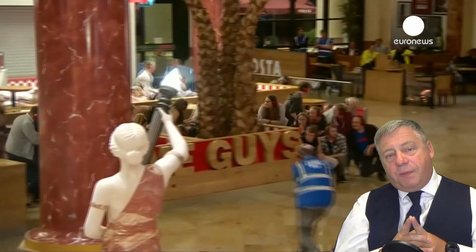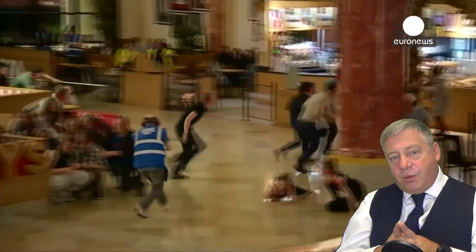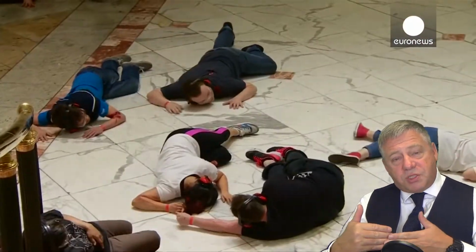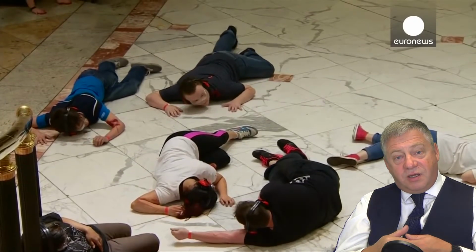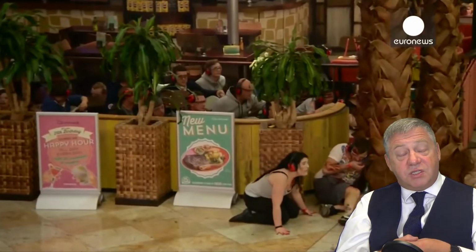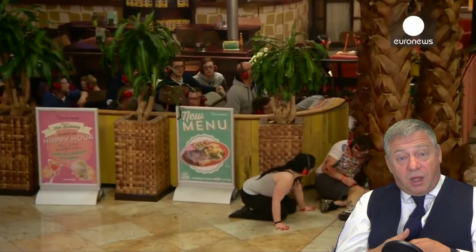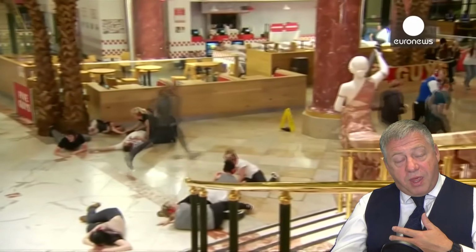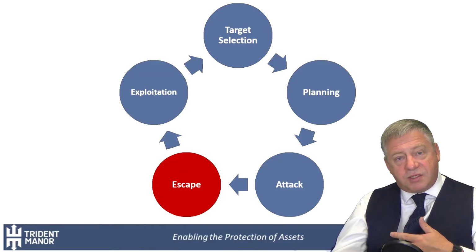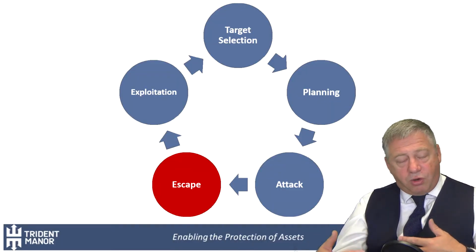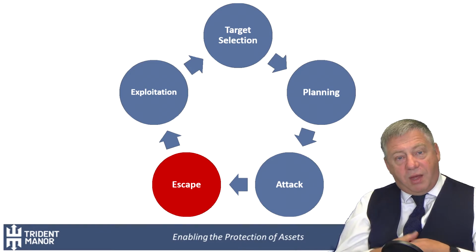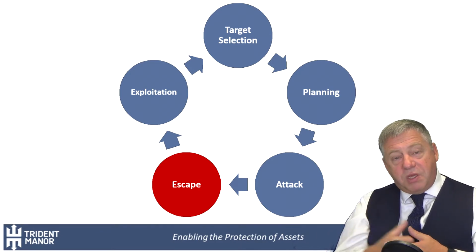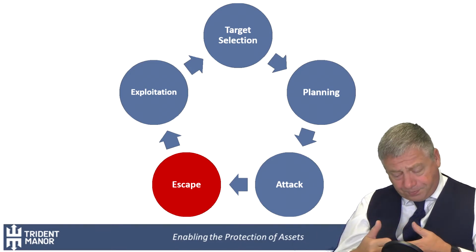So escape, in some circumstances now, isn't a factor, because their intention is to fight till they die at the scene. The longer they can make the attack last, the more publicity they're going to achieve, and that is more helpful for their cause and for the media usage of their cause.